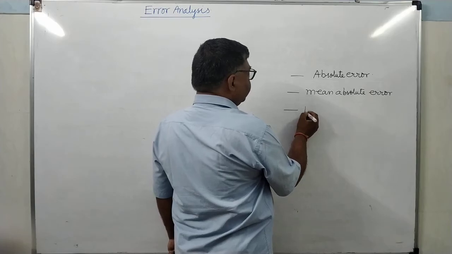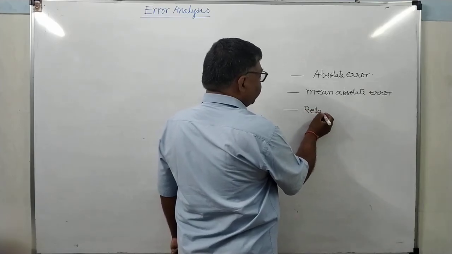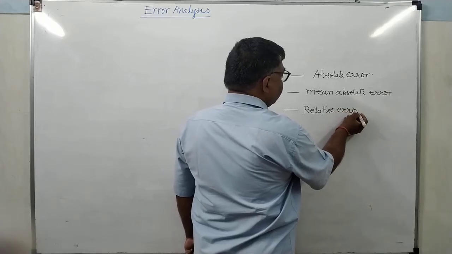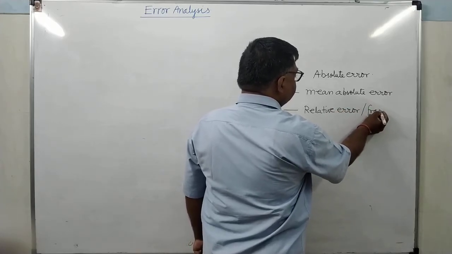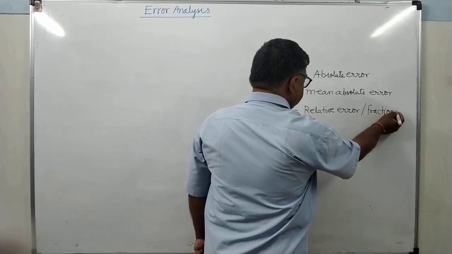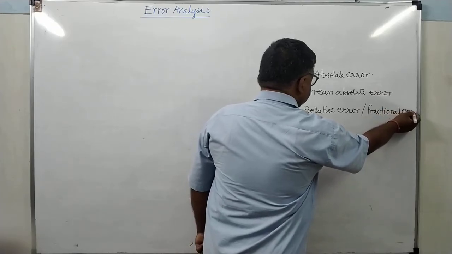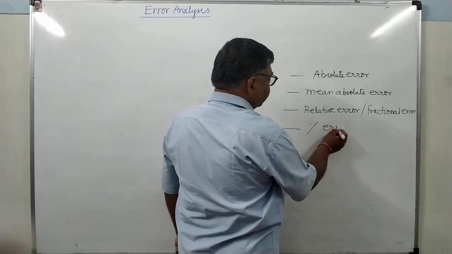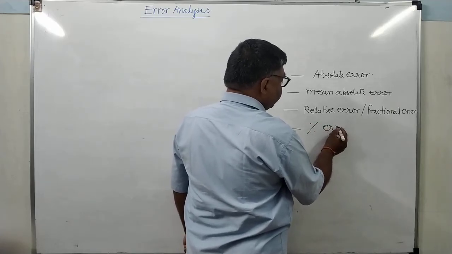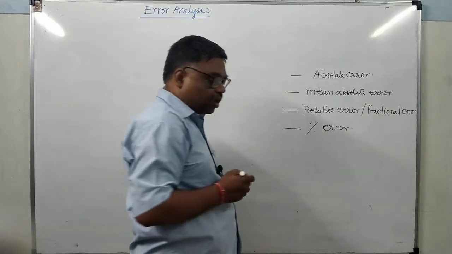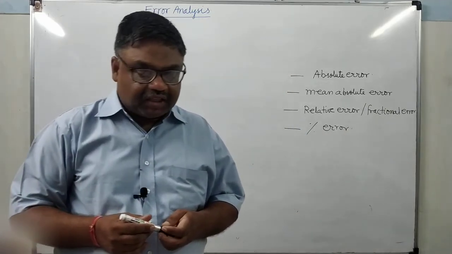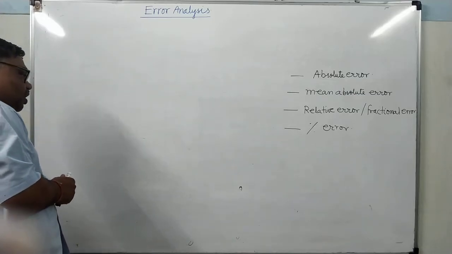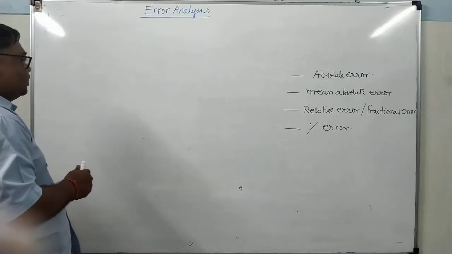Then there is the relative error or fractional error, and then the percentage error. In order to find the amount of error quantitatively, we describe these things: absolute error, mean absolute error, relative error or fractional error, and percentage error.